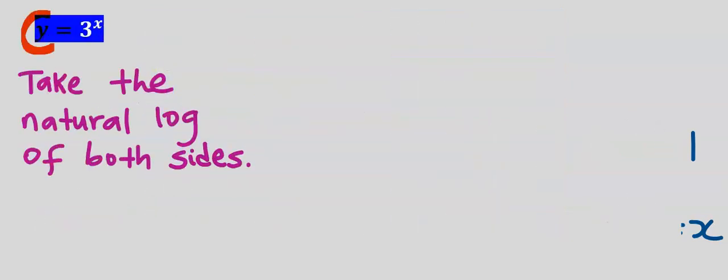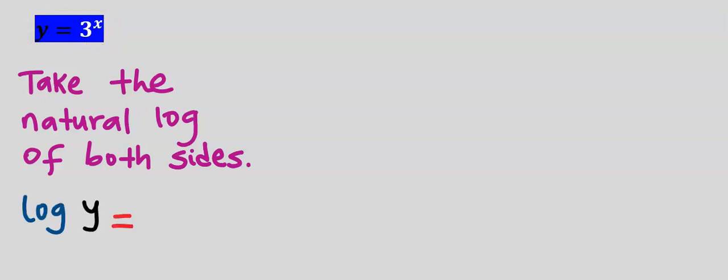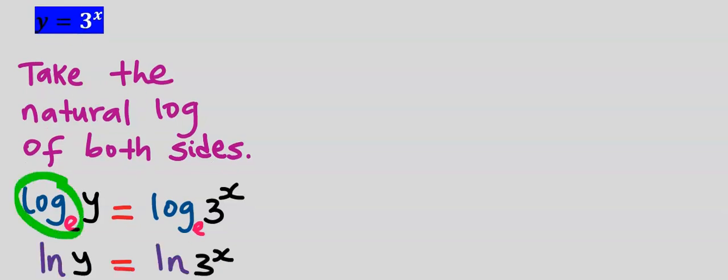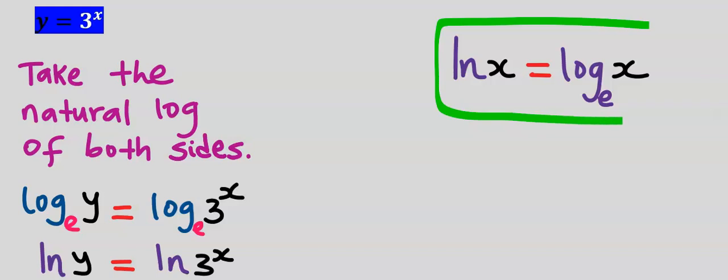Next, we're going to take the natural log of both sides, which is step number 1. Here, remember that the base of this log is of base e, which is the natural log. I can equally rewrite this for this natural log, or this for this. Both are the same. Always remember that the natural log of x is the same thing as log x of base e.